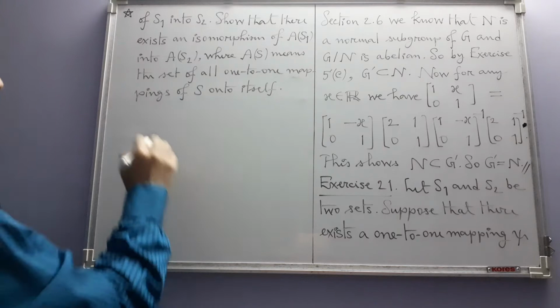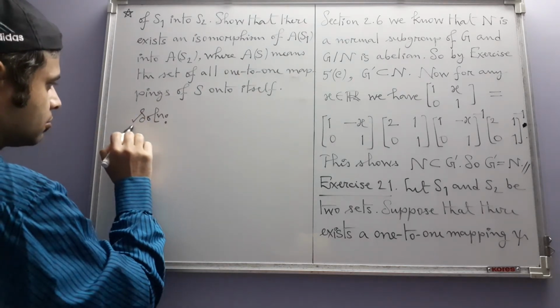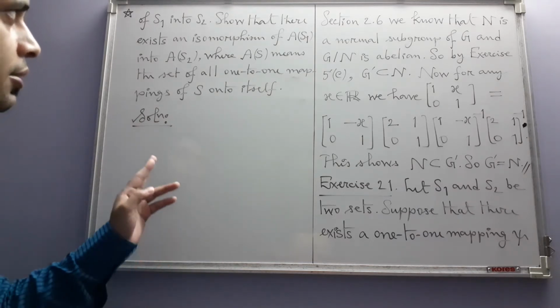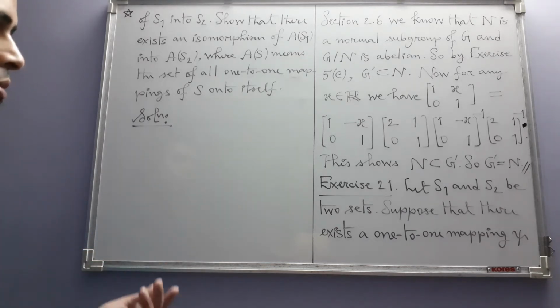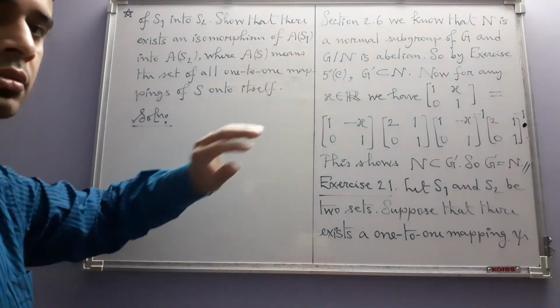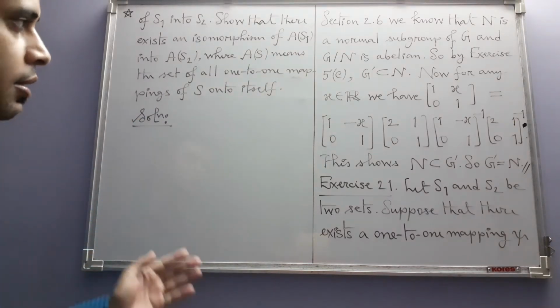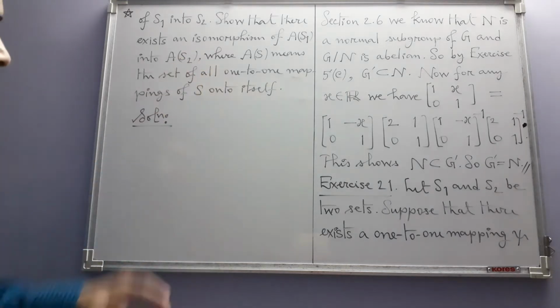Okay. So we now need to define a mapping from A(S1) into A(S2). So the inputs of that mapping will be coming from A(S1), that is the inputs will be bijections on the set S1, and the outputs should be bijections on the set S2.